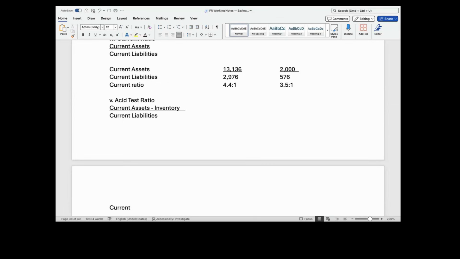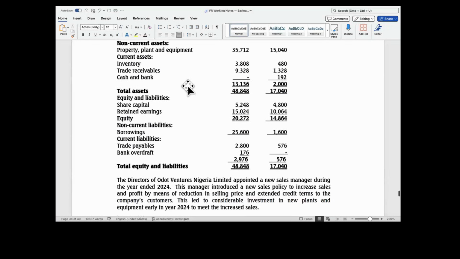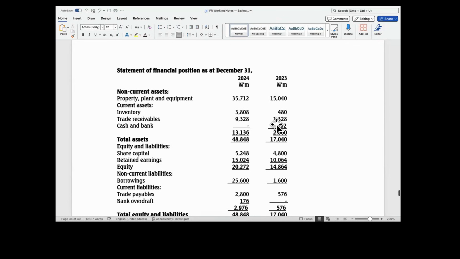Up there, we have already established our current assets to be 13,136. So we need to get inventory for the 2 years. Inventory in 2024 is 3808, and in 2023 is 480.